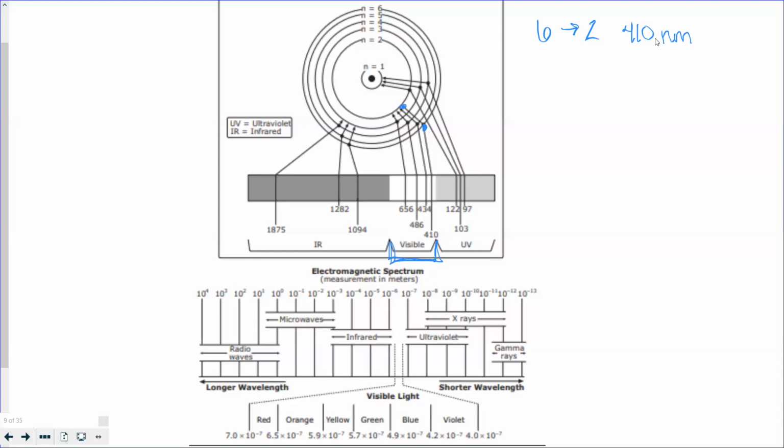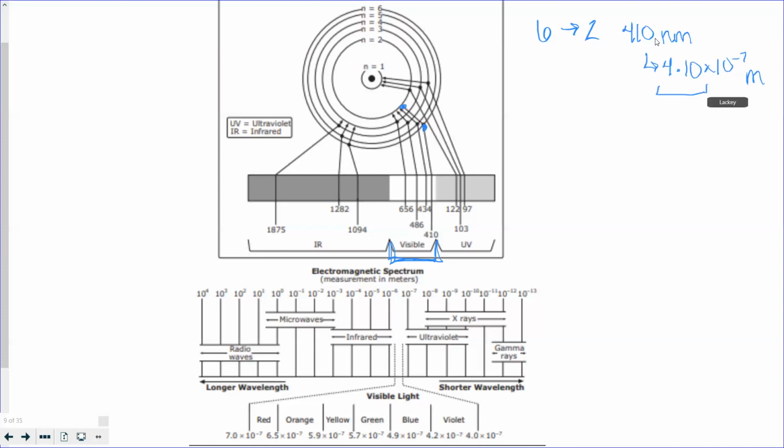So how this changes into meters is this will become 4.10 times 10 to the negative 7th. That's using those metric conversions we learned in Unit 1. You don't have to convert it every single time. Just understand that it's now going to become a decimal number.